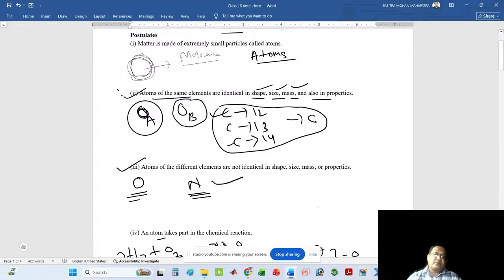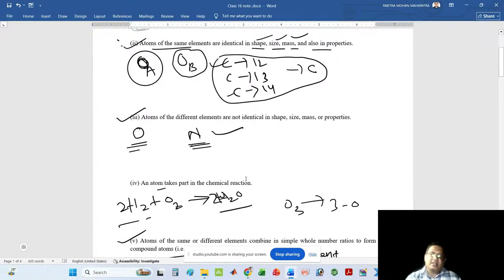Next, atoms of different elements are not identical in shape, size, mass, or property. Look at that. If you think about nitrogen and carbon, nitrogen has atomic mass 14, and carbon also has a species with mass 14. Here the mass is the same, but they belong to different elements.